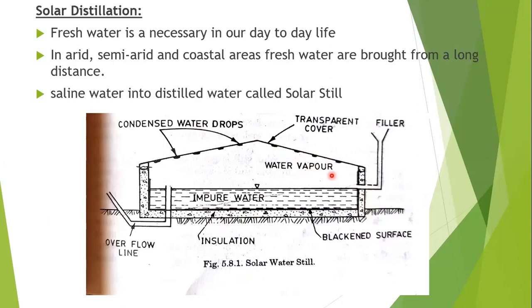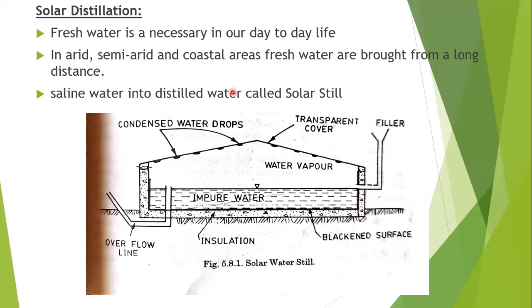These are the condensed water drops. The water vapors form water drops here, and these water drops are collected. And this is a transparent cover on the solar still.